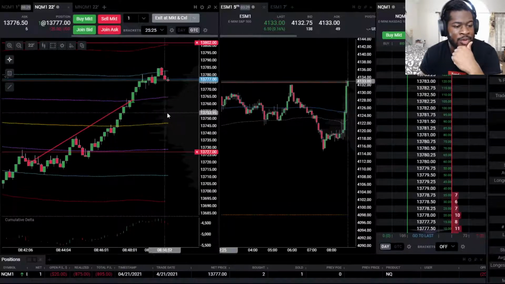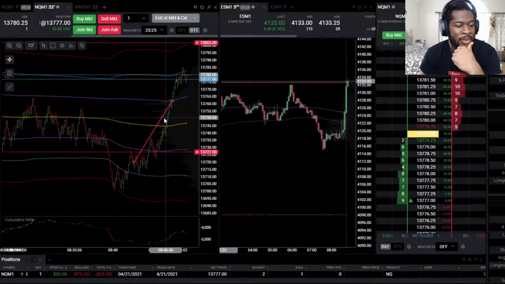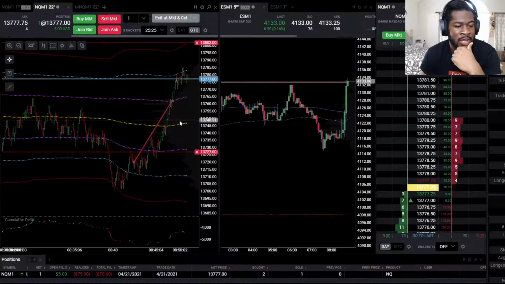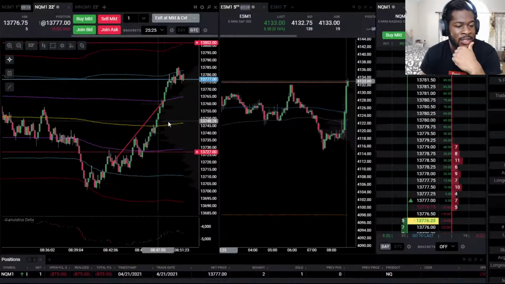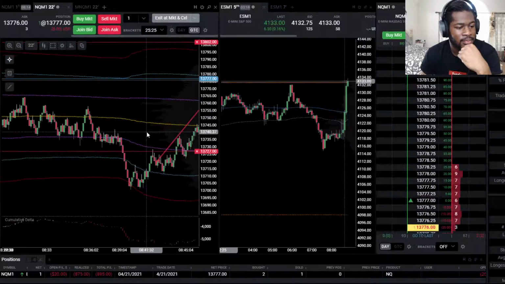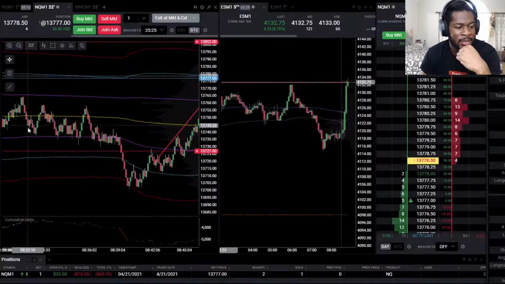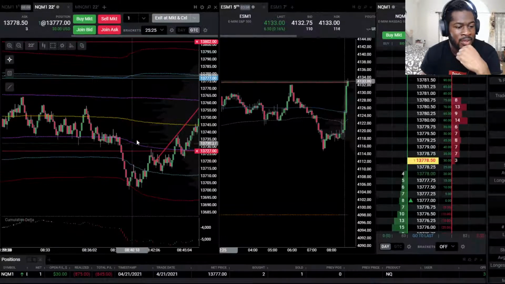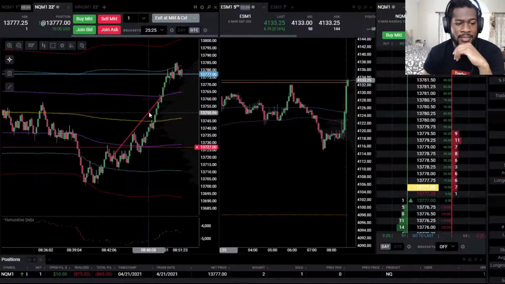It should be waiting for a pullback to buy and then continue. Or maybe I could have cut off the other one closer as soon as it crossed VWAP and longed there. But again, I don't like to take trades on breaks of VWAP because you have a lot of this type of movement that happens at VWAP where it either chops back and forth or has VWAP bounces or whatever.